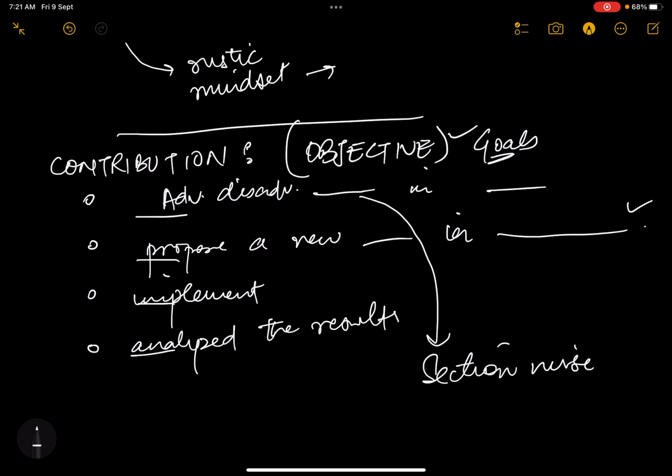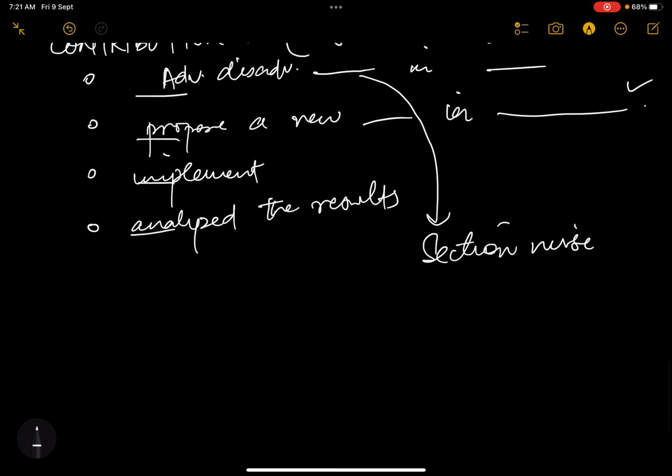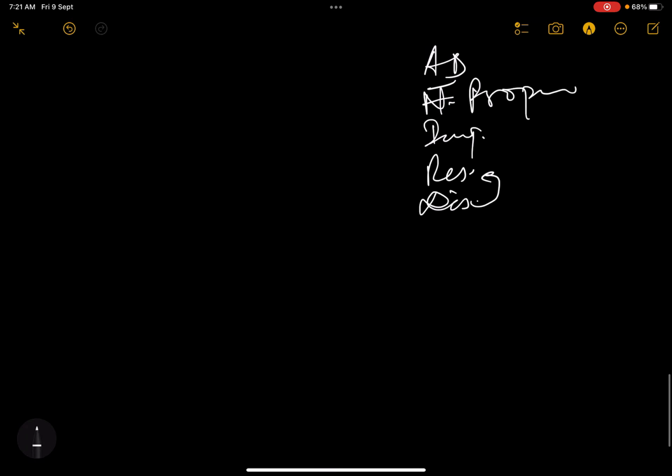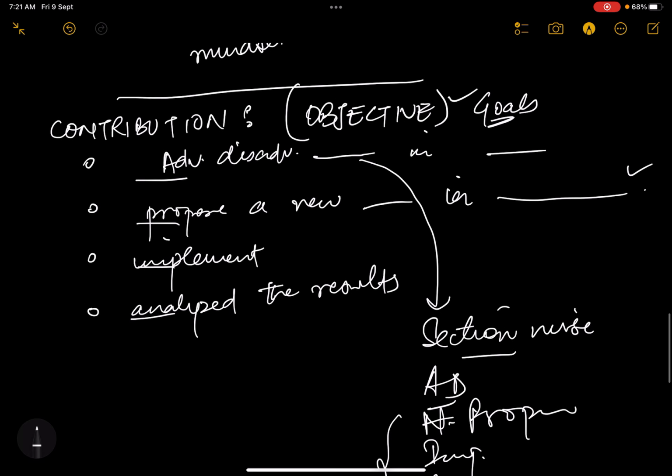So ideally, one section would be advantages and disadvantages. One section would be the proposed model. One section would be implementation. One section would be results. And lastly, you can have discussions, or maybe merge this together. Then you can have your conclusion followed by references. So the body of the work and the sections are done.